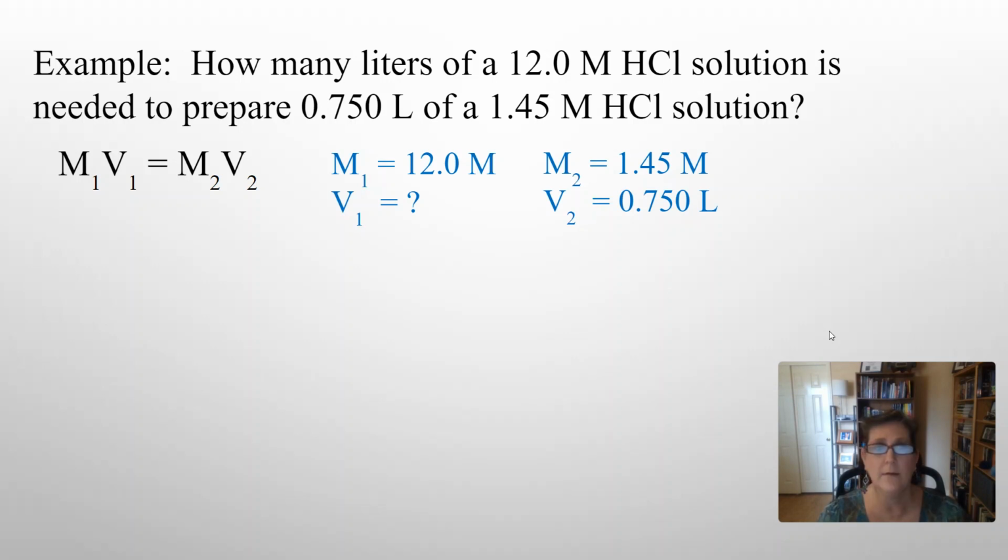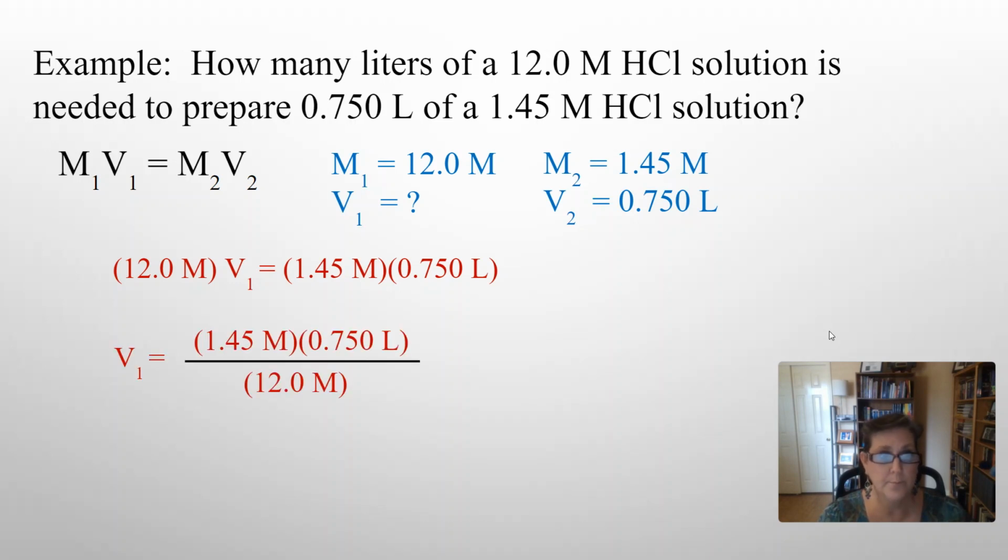Let's plug in. We have 12.0 molar times V1 equals 1.45 molar times 0.750 liters. How do we solve for V1? We divide both sides by 12.0.